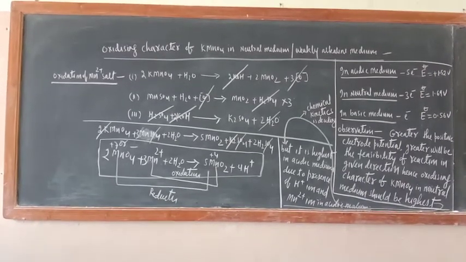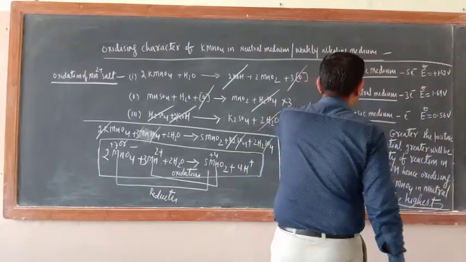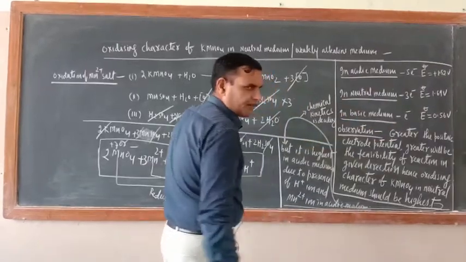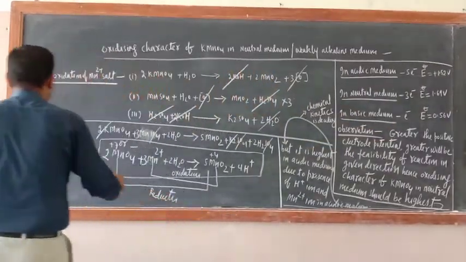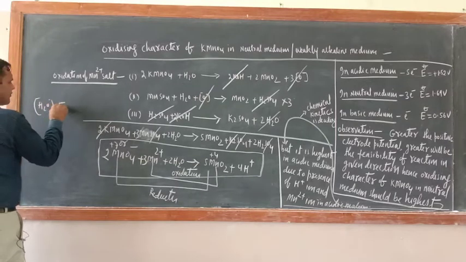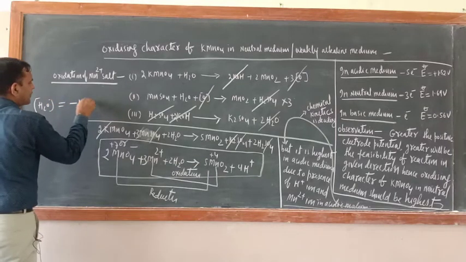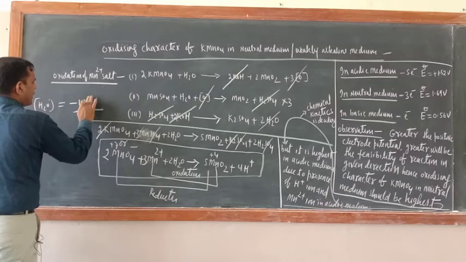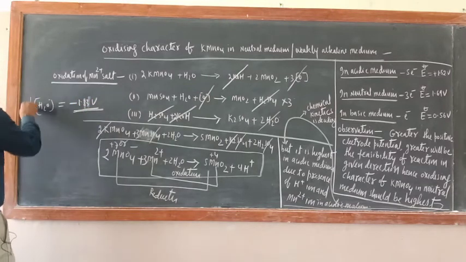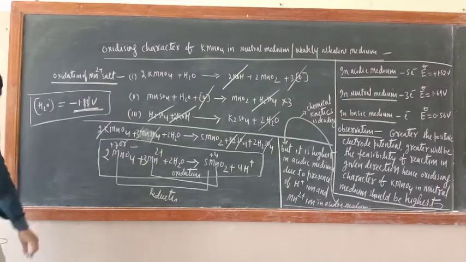So what I was telling, in neutral medium its electrode potential is 1.69 volt and the water electrode potential for H2O is minus 1.23 volt. So this is a negative electrode potential. Correct or not?